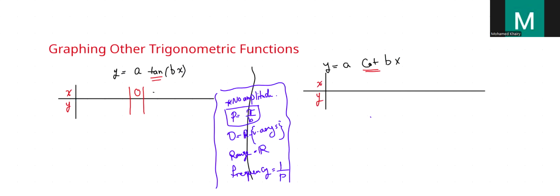So here this is also x and y. I'm going to start in the middle with 0. Then 1 over 4 times the period, whatever you've got for the period, you are going to write it down there. And here, 2 over 4 times the period. The same thing on the negative side: negative 1 over 4 times the period, and negative 2 over 4 times the period.